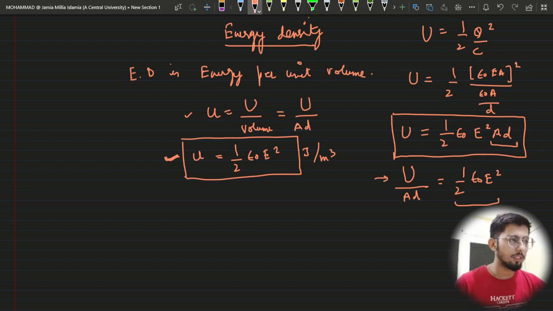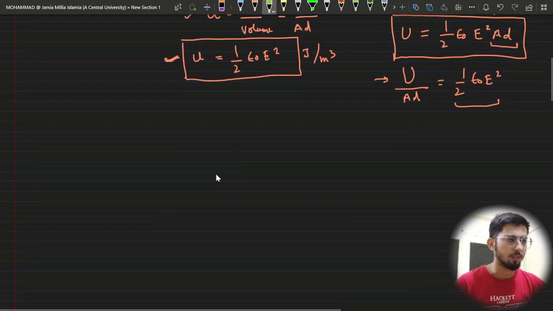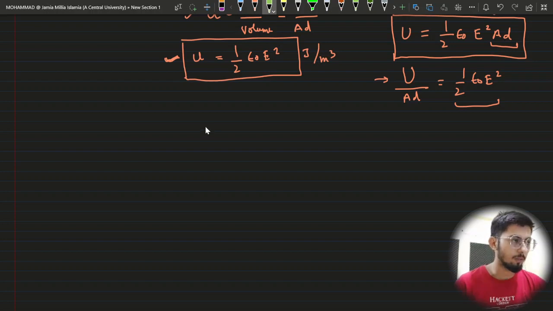Now let us see an interesting problem. Would you be asked to derive the formula for energy? No, you won't be asked that. Now let us see an interesting problem: redistribution of charge.